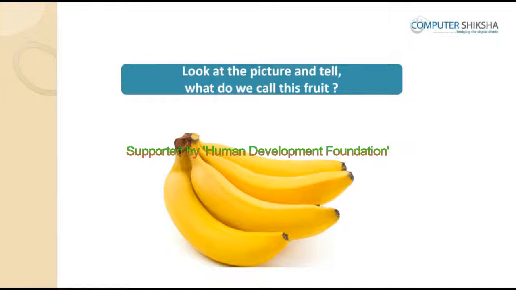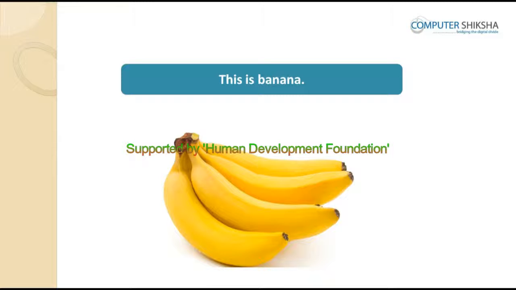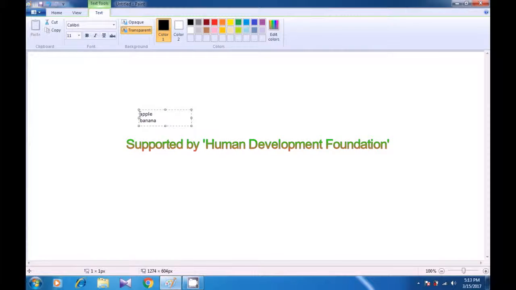Look at the next picture and tell what is it called. Go to a new line and write banana. We are now on the new line and we will type the word, the next fruit's name, banana.